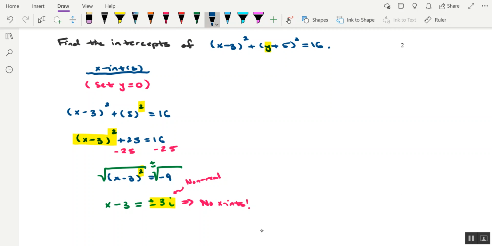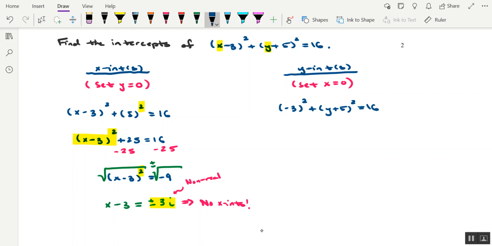Let's move on to y-intercepts. To find y-intercepts, the protocol is to set x equal to 0. So this time in the equation, we'll replace x with 0 and then solve the resulting equation. So that's going to leave (-3)^2 + (y + 5)^2 = 16.